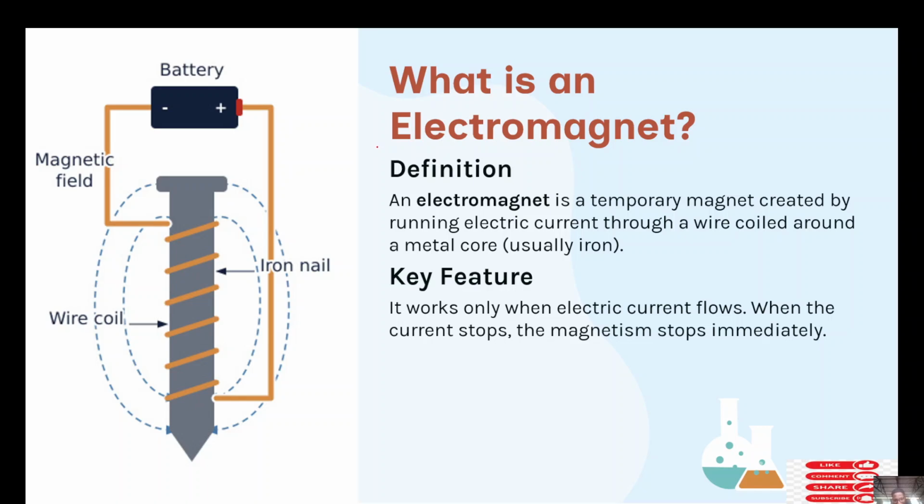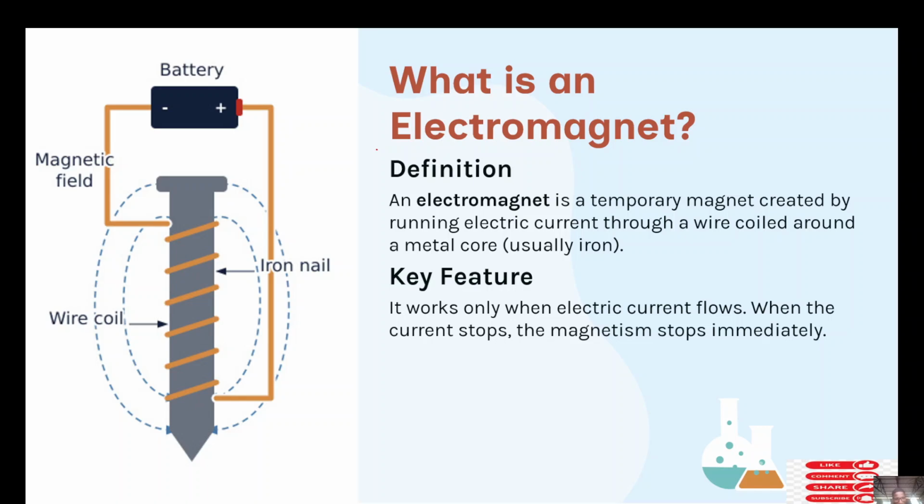So what we are basically establishing is that an electromagnet is making a magnetic material, in this case an iron bar or a metal core, using what? A running electric current through a wire that is coiled around this metal core to make the metal core magnetized. So this is basically what an electromagnet is all about.